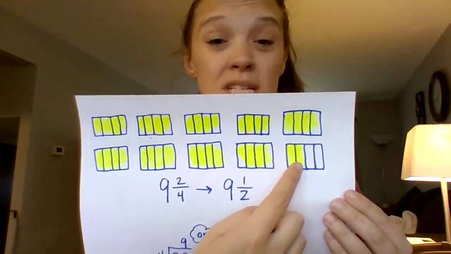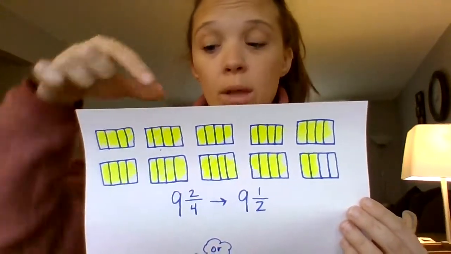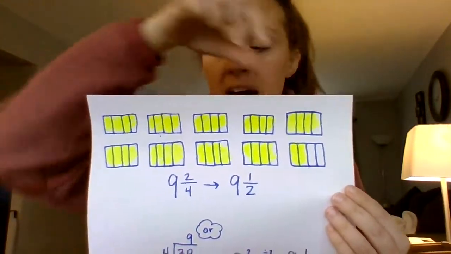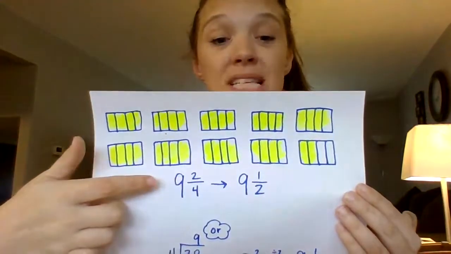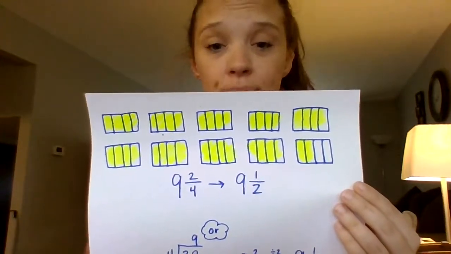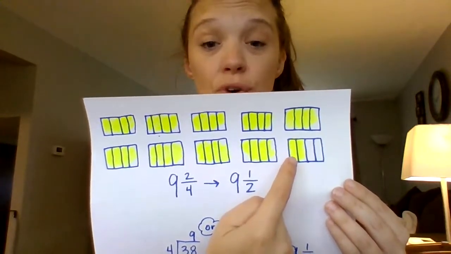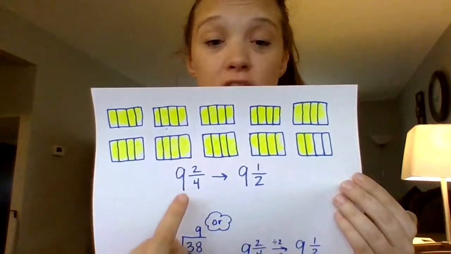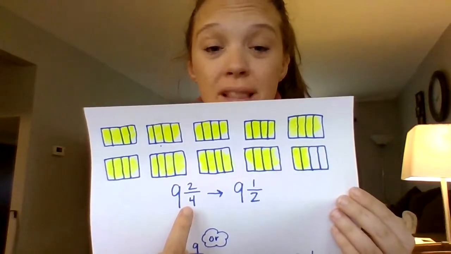So when I counted, I had 1 whole unit, 2 whole, 3, 4, 5, 6, 7, 8, 9. That's where this 9 came from. I have 9 whole sets of 4. And then I had those 2 out of 4 left over. So see how there's 2 out of 4 left over? So that's my fraction. So I had 9 whole and 2 fourths left.